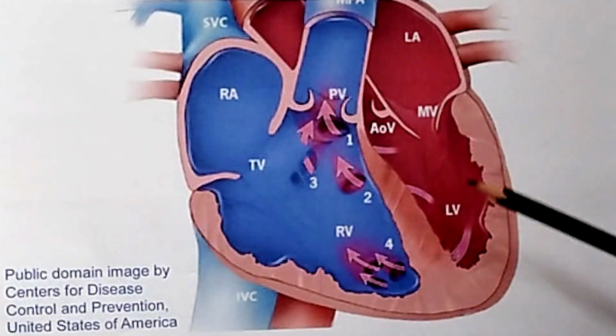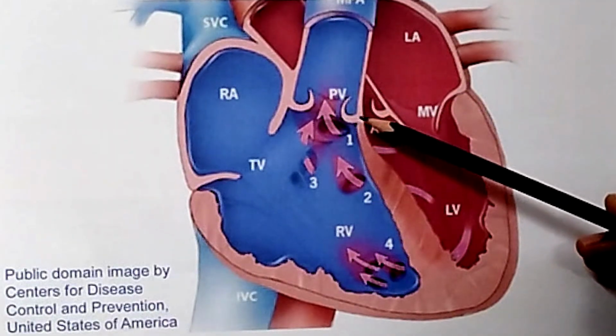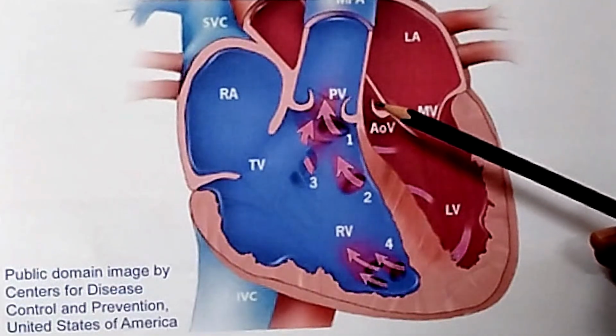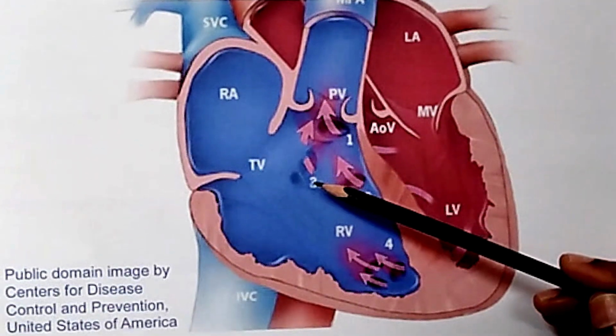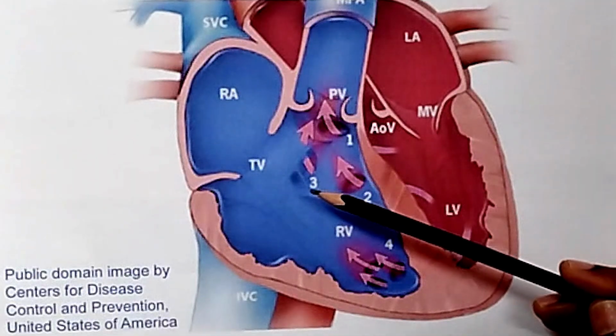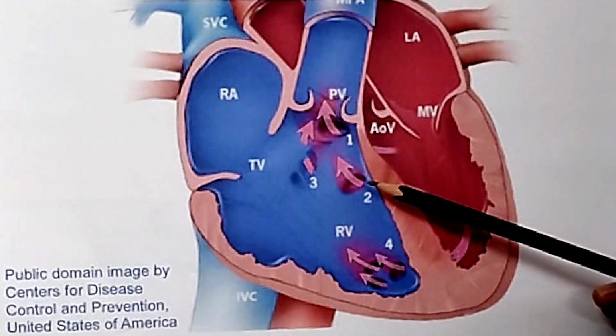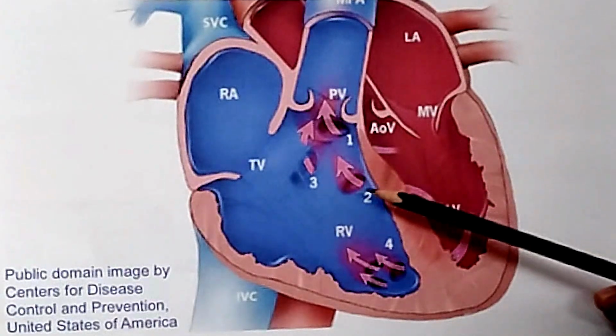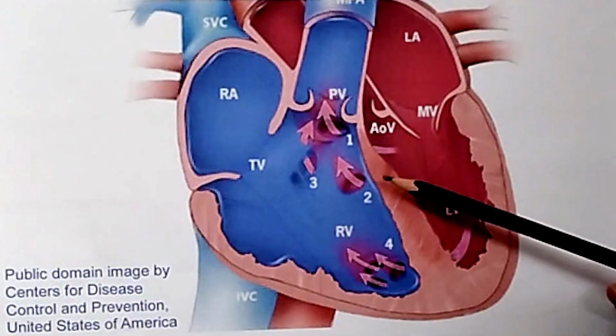Of these VSDs, outlet VSD, which is also known as subpulmonic VSD or subarterial sometimes, and inlet VSD are very unlikely to close spontaneously. Perimembranous VSD, which is the commonest type in an adult or older children, can close spontaneously by two mechanisms.